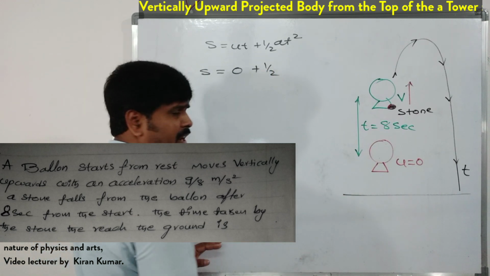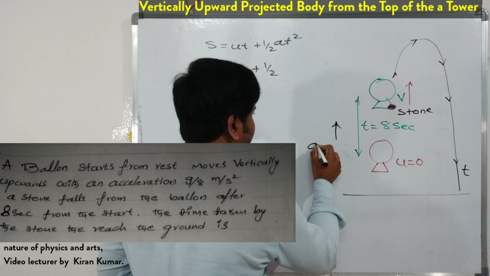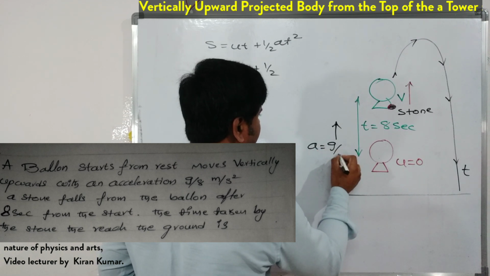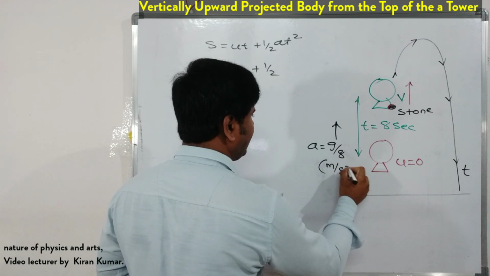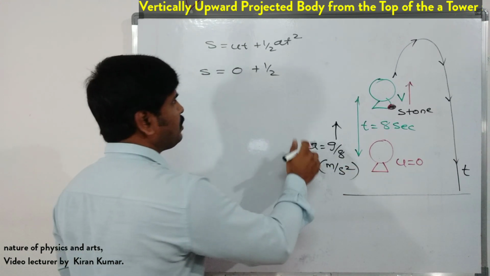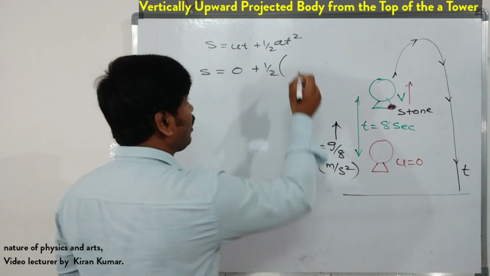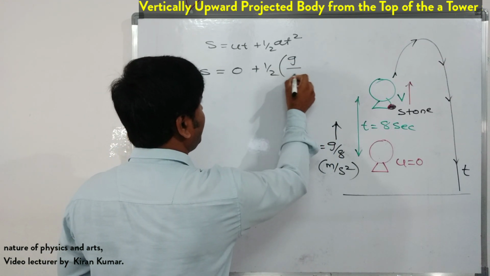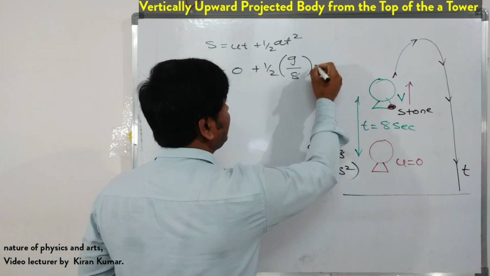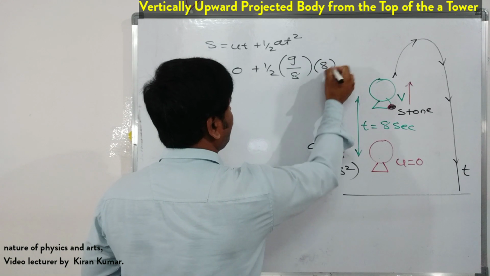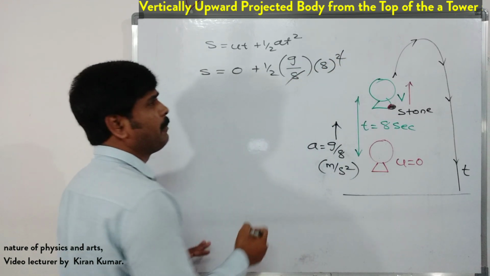Here acceleration a is given as g divided by 8 meter per second square. Replacing the acceleration value, a is g divided by 8, and t is 8 seconds, so 8 whole square. This 8 and this cancel.